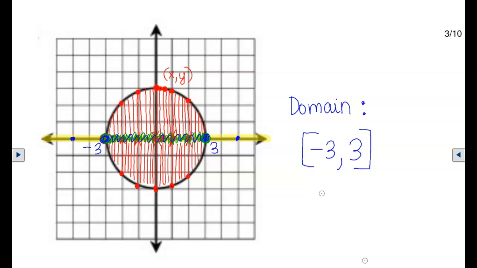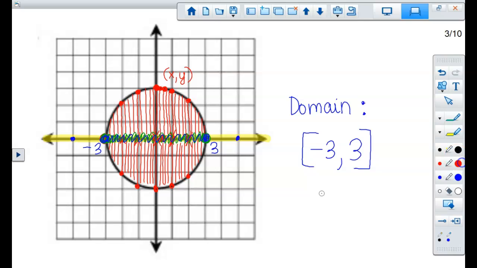So what I'm saying is this particular graph has x values that start out at -3 and go all the way up to +3. This domain would include all of the x values from -3 all the way up to +3, so all the numbers in the middle. And these brackets tell me that -3 and +3 are included in that domain. But I want you to notice what we did here. We figured out this domain by tracing every single point on the graph back to the x-axis.